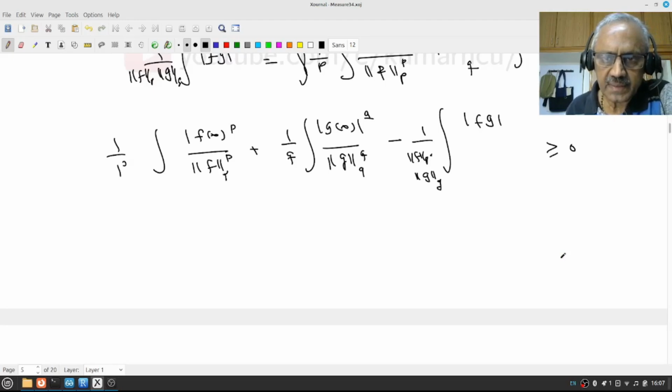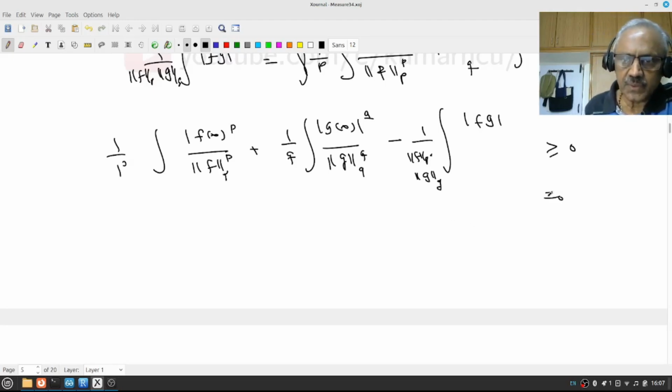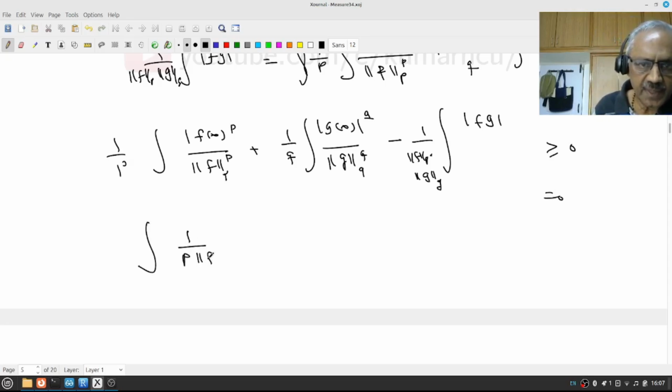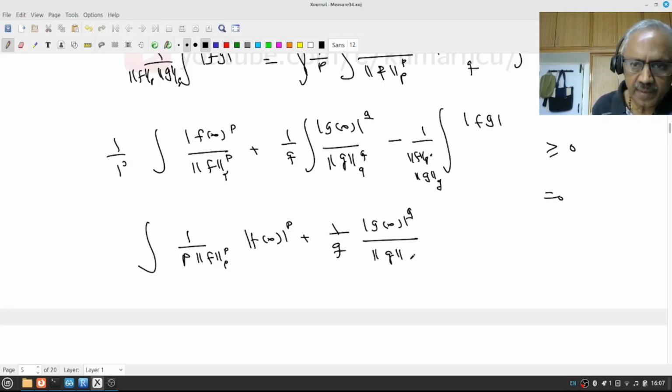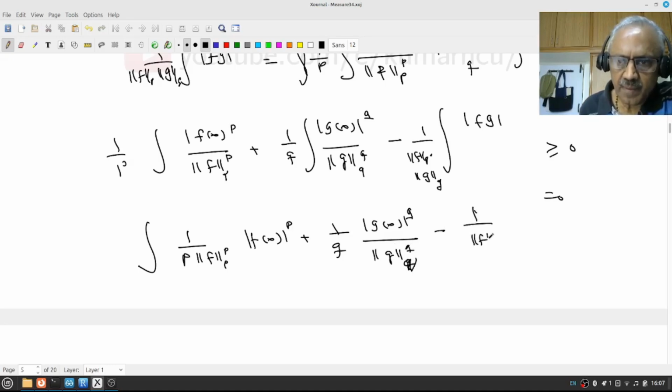Is it okay? So this equal to 0 implies this integral must be 0. That is, (1/p) |f(x)|^p by the LP norm of f to the power p, plus (1/q) |g(x)|^q by the LQ norm of g to the power q, minus |fg| by the LP norm of f into the LQ norm of g.